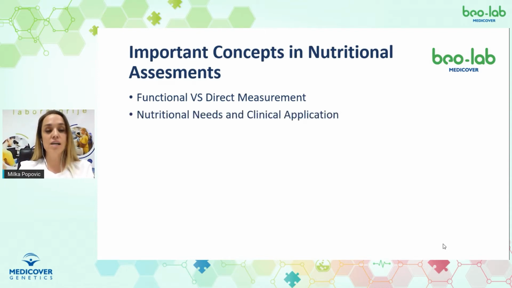Now, the next important thing about nutritional testing is that many biomarkers in the test give information on the nutritional needs of the patient, and they can also have a direct clinical application by indicating specific needs or the states of disease processes.